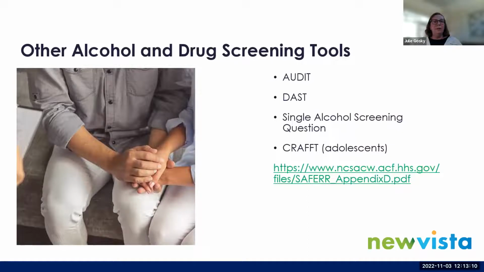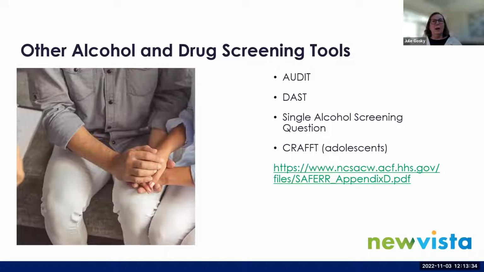So the other alcohol and drug screening tools, like I mentioned before, the AUDIT and the DAST are both separate, one for alcohol, one for drug use. Also, there's something called a single alcohol screening question, which is part of the HEDIS measure for alcohol use. That is 1 question asking you about your use.